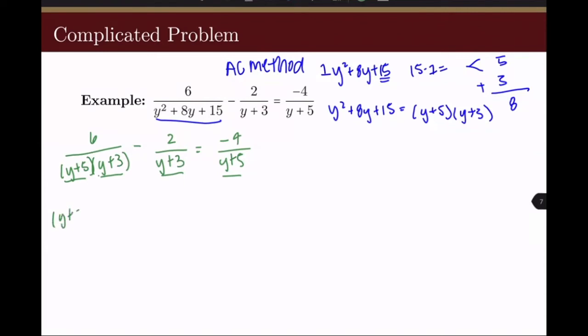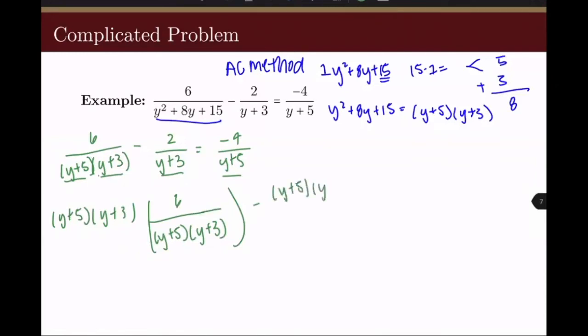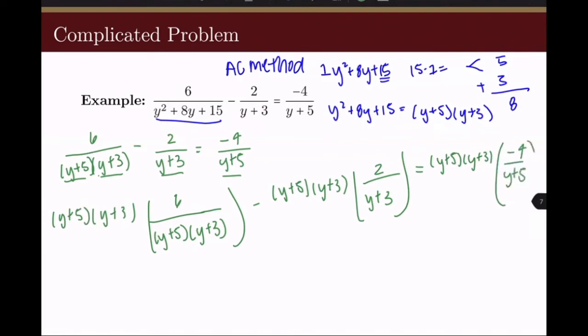So I'm going to have (y plus 5) times (y plus 3) multiplied by 6 over (y plus 5) times (y plus 3), minus (y plus 5) times (y plus 3) times 2 over (y plus 3), equals (y plus 5) times (y plus 3) times negative 4 over (y plus 5).